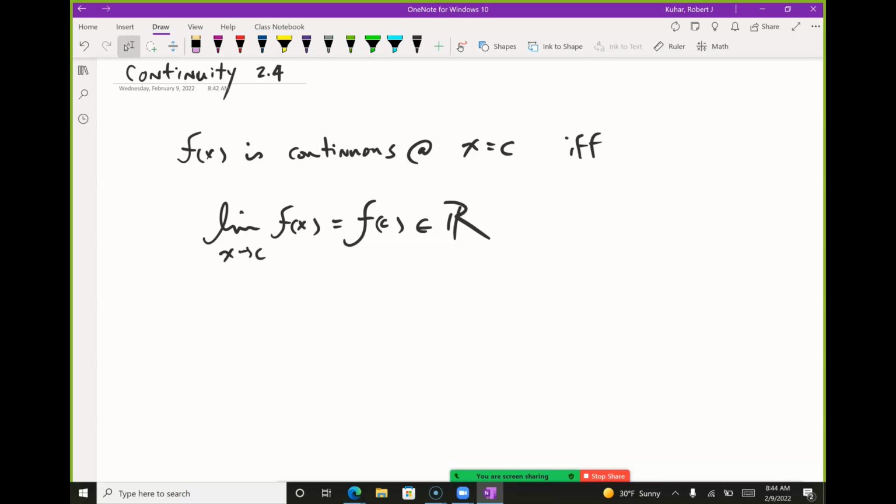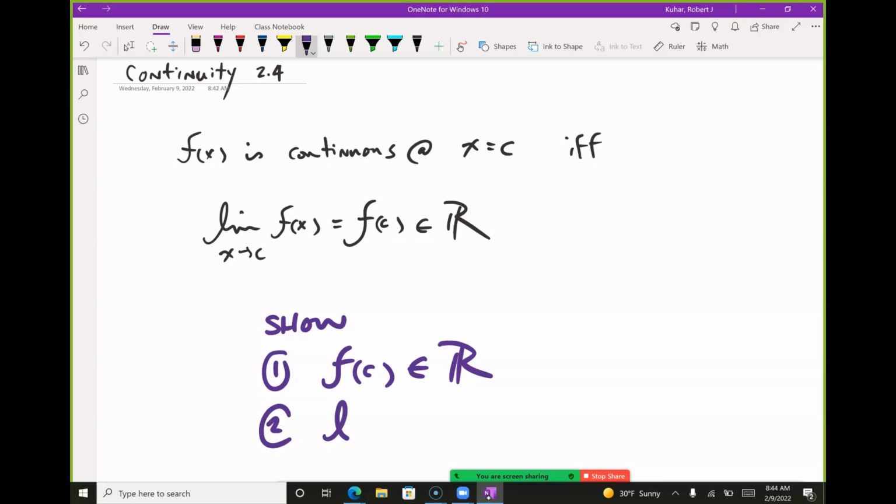Our little checklist is here. Step 1, we find f of c and make sure it's a real number. So show that f of c exists. If f of c is infinite or undefined, no good, right away, it fails.